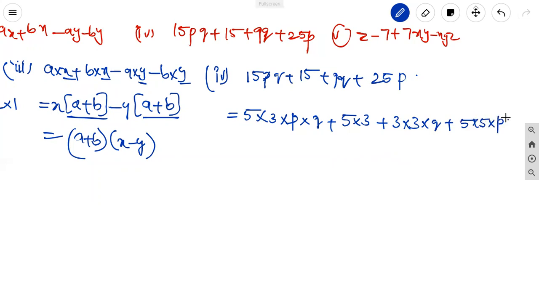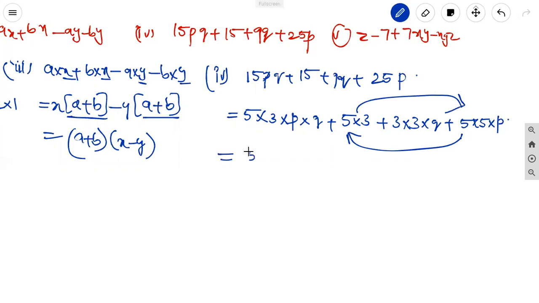Okay, here you observe it. What is common here? 15 means 5 3s are 15, then pq plus 1, it's not common. If we take these two, then 3 is common, 5 plus 3q. Here 5p is common, so then 5 plus 3q. Okay, we interchange these two.